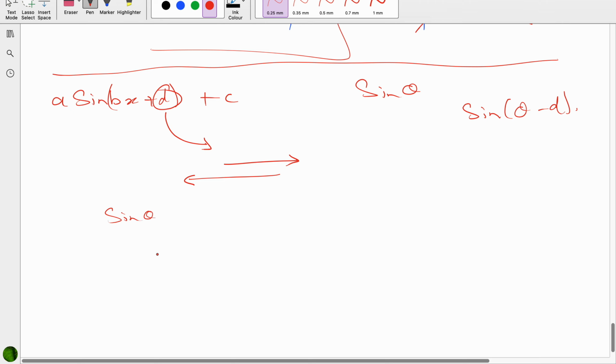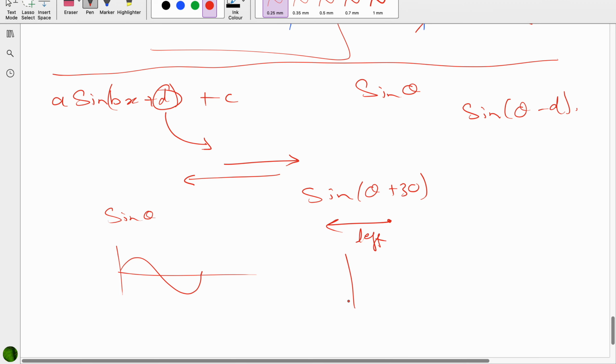Sine theta is this graph, and when we have sine of (theta plus 30), this positive sign makes it move towards the left. So this graph right here would move 30 degrees to the left, and it is not easy for me to draw, so instead of moving the graph 30 degrees to the left, I bring this vertical line 30 degrees to the right, and now change the labels.